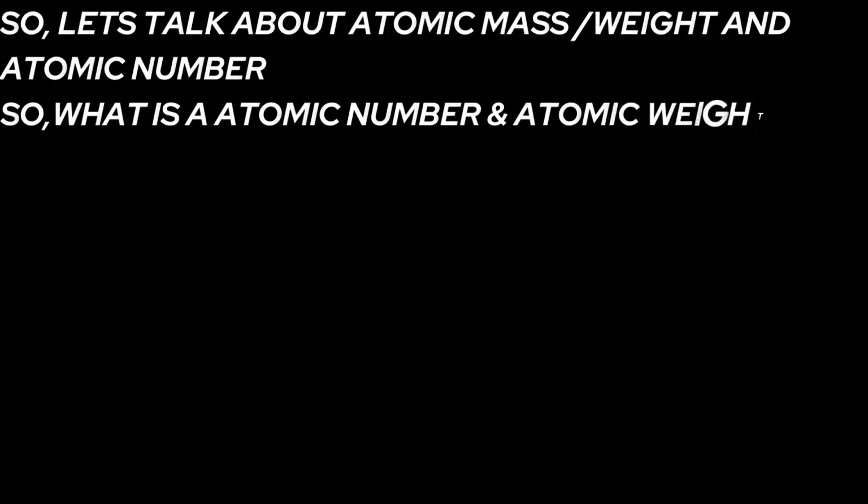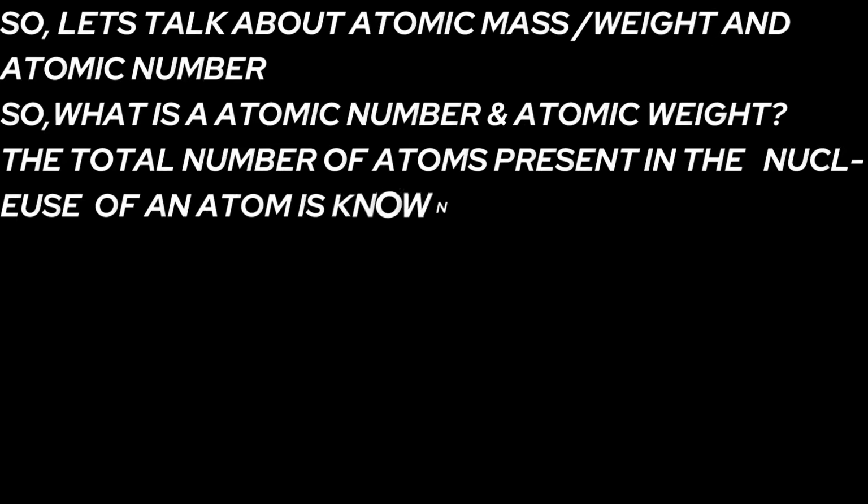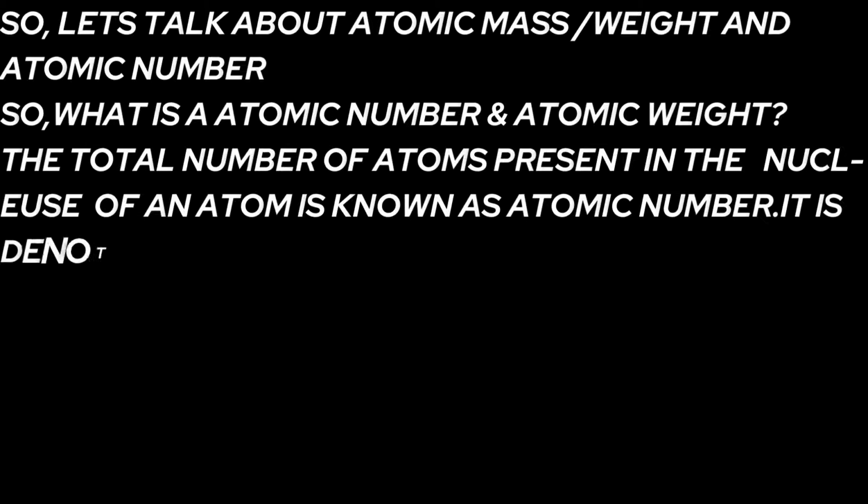So let's talk about atomic mass, weight, and atomic number. So what is the atomic number and atomic weight? The total number of protons present in the nucleus of an atom is known as atomic number. It is denoted by Z. In doing numericals, you don't have to write the full term atomic number.